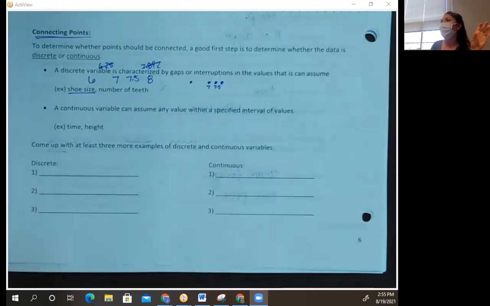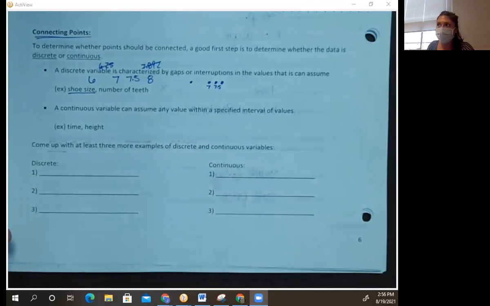So if I'm filling out that board for number of teeth, I can put 2 or 4 or 5. I'm not going to put 6.5. Does that make sense? You've got 6 teeth, or the next one came in and you've got 7 teeth. You don't have 6.5. So number of teeth is another example here as well.